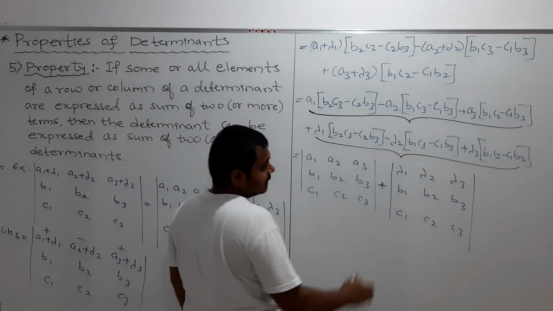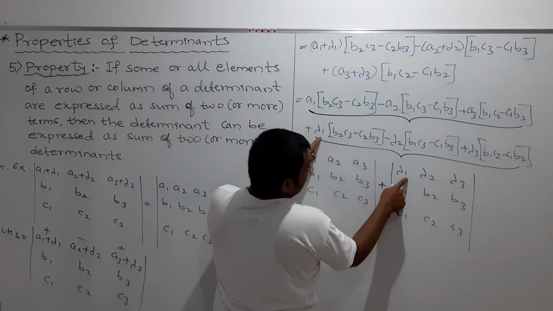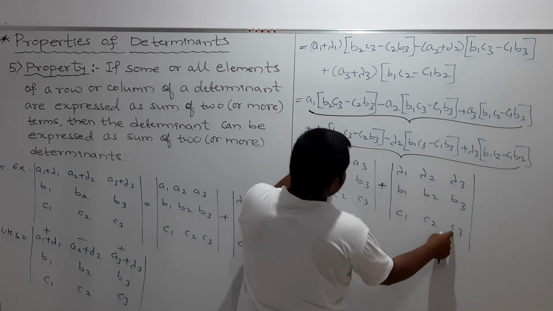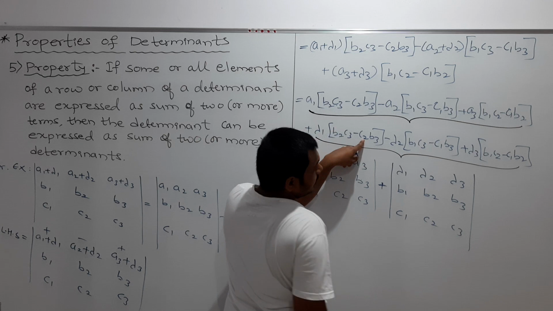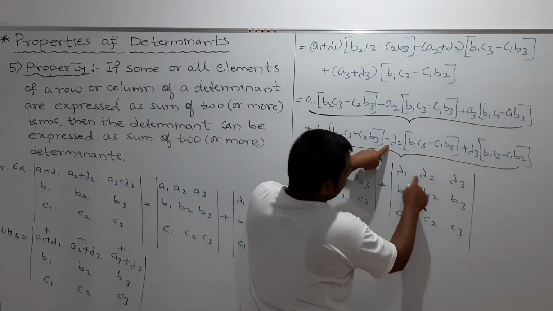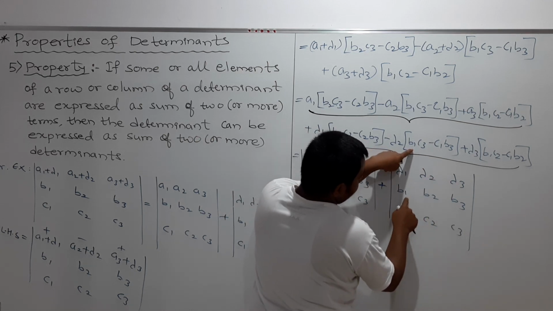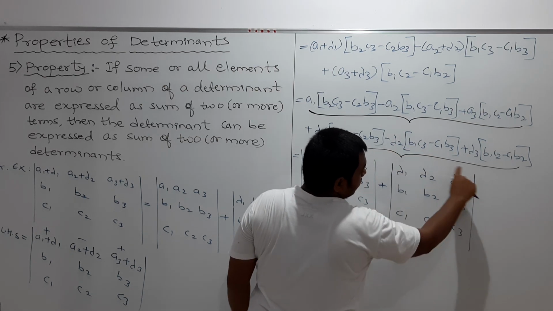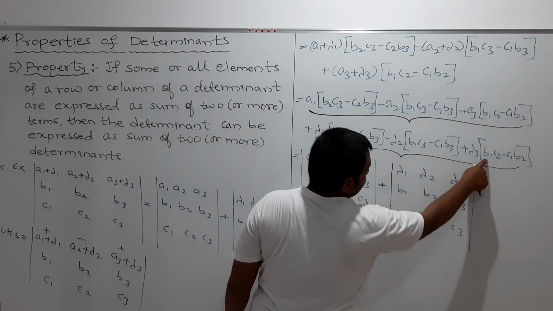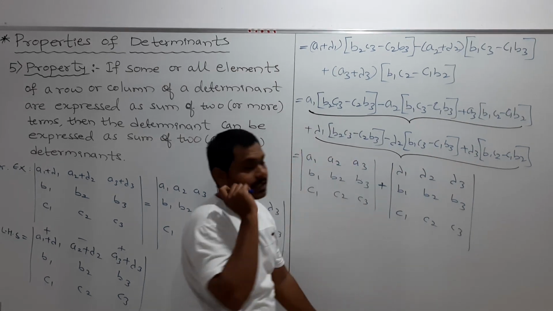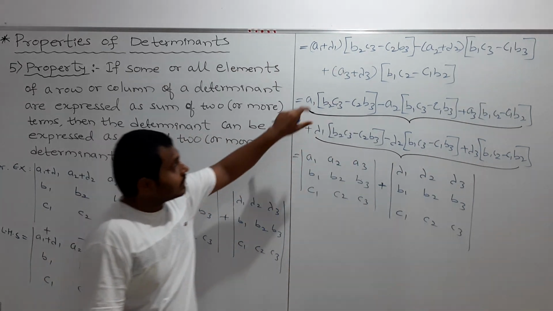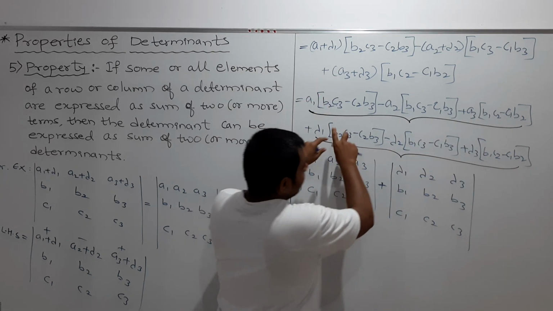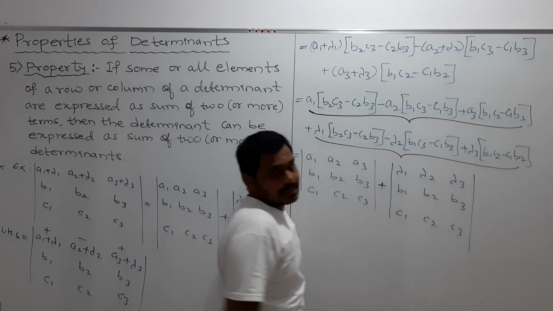Lambda 1 into, leaving this row and this column, b2c3 minus c2b3. And next, minus lambda 2 into b1c3 minus c1b3. Next, plus lambda 3 into b1c2 minus c1b2. Clear? So this entire term I can write in the form of a determinant like this, and this one like this.